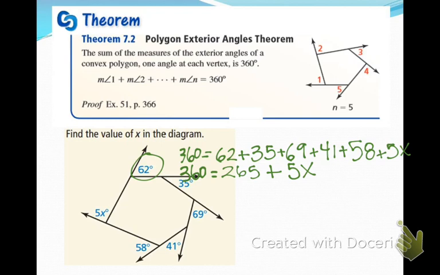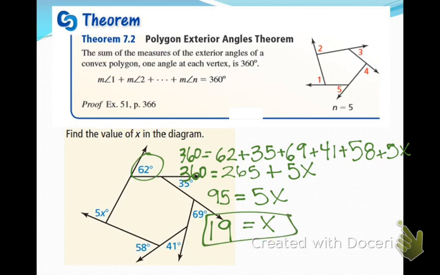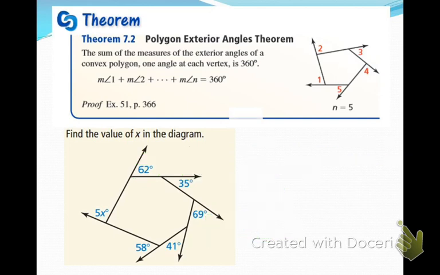All right, so how do we finish solving for x? Subtract 265, and we get 95 equals 5x. And then 95 divided by 5, x equals 19. It's okay. Any questions on this? Awesome.